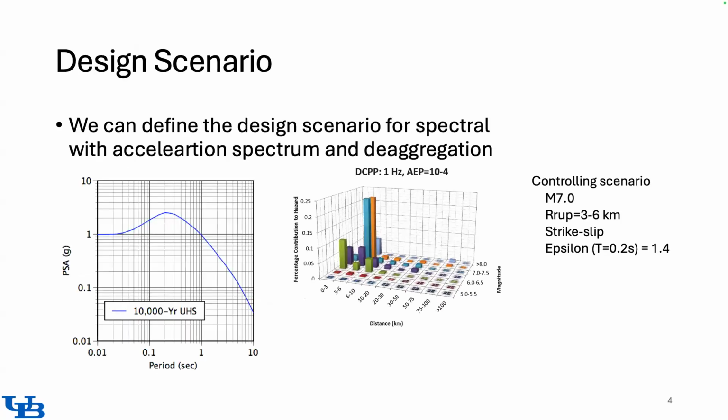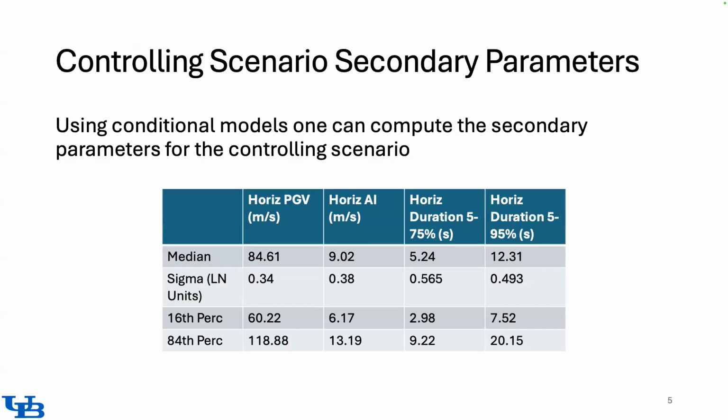So again, the input is we have the uniform hazard spectrum, we have the aggregation, and we know the scenario that is contributing. So we know magnitude, style of faulting, distance, and so on. And we plug these numbers into conditional models and we get the distribution for the PGV.